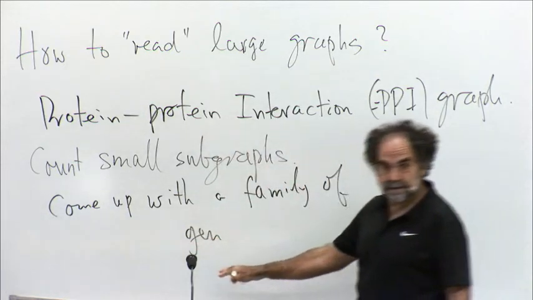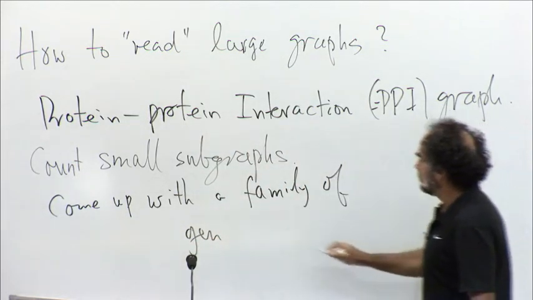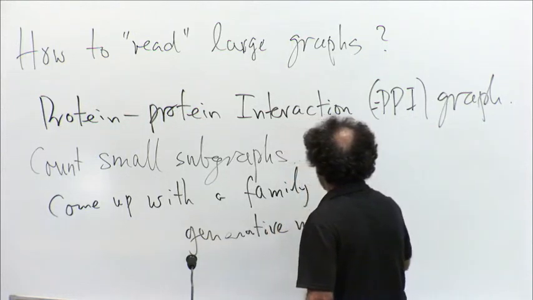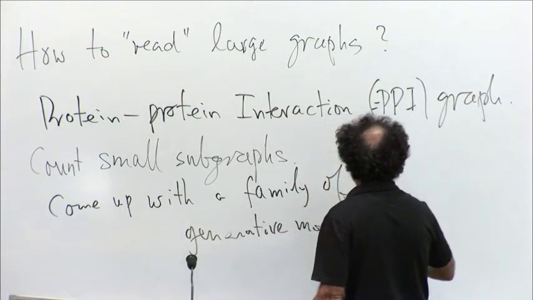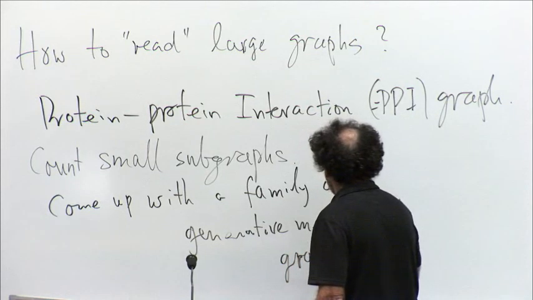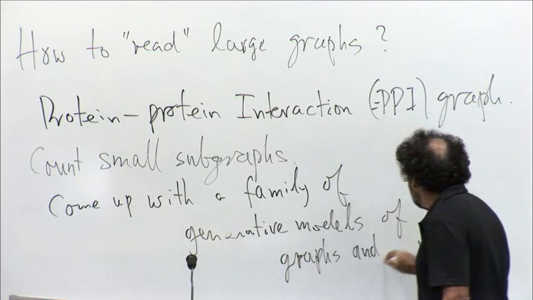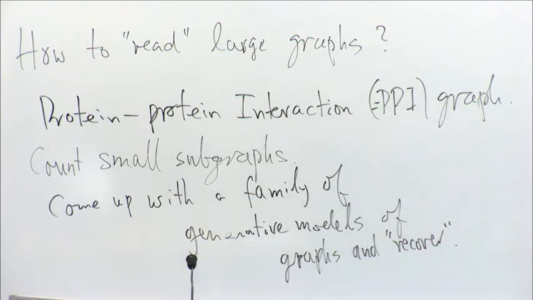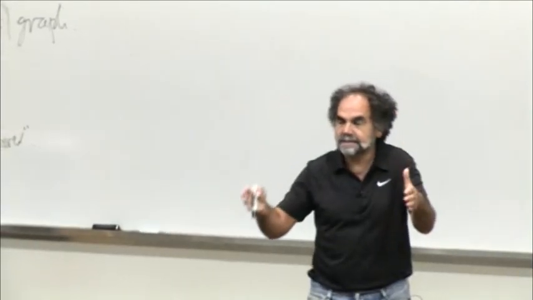Can people see this here, or should I? Yeah, you're still okay. Generative models of graphs. And recover. Somehow it's strange for us, if you really understand the protein interaction of a human, you've really made huge progress in biology.